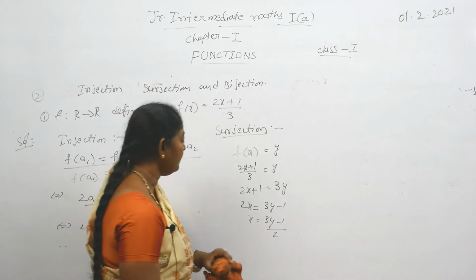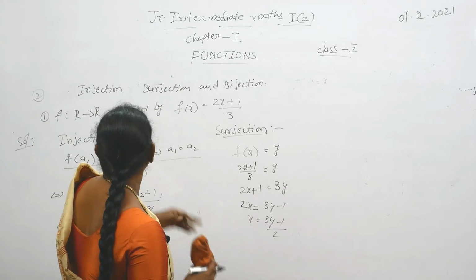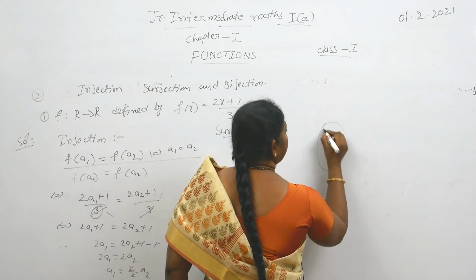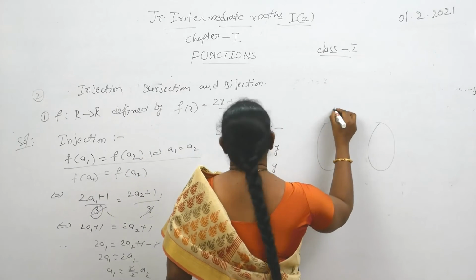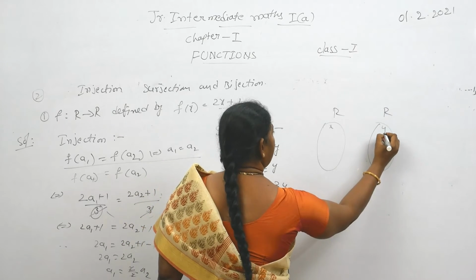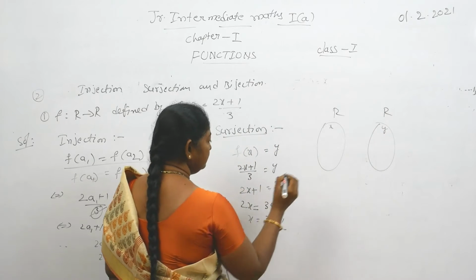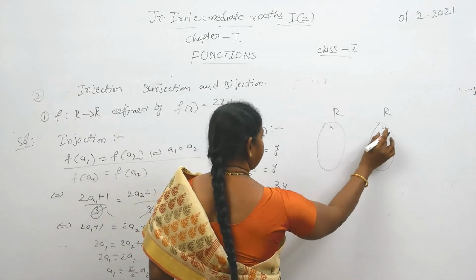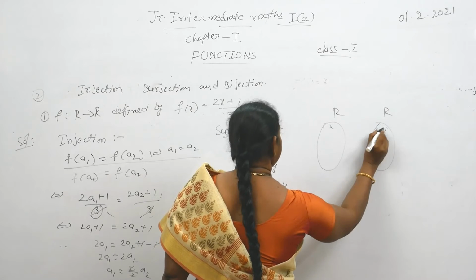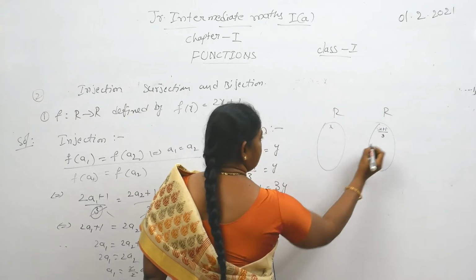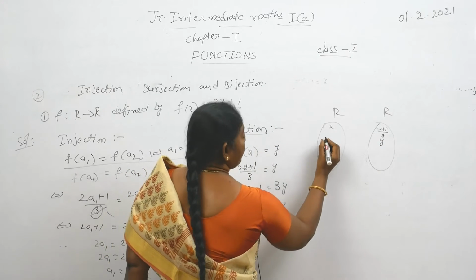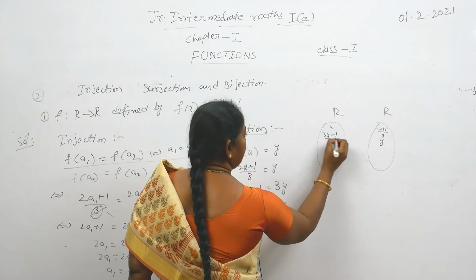So suppose here given f from R to R, both are real numbers. Suppose this is x and this is y. That equals (2x plus 1) by 3. Suppose this is y, means here x equal to (3y minus 1) by 2.